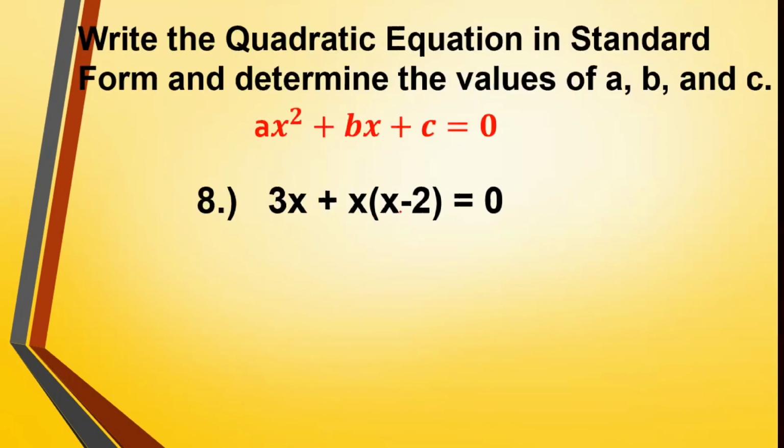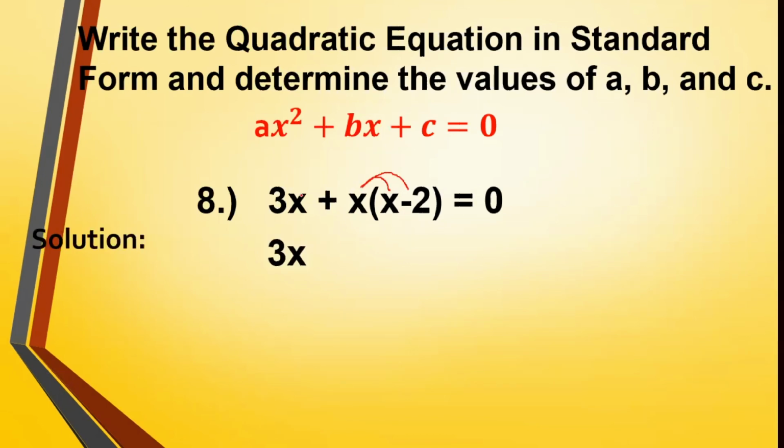x times x minus 2 equals 0. Is it quadratic or not? We don't know, sir. Why? Because it is not yet simplified. So we don't know yet because it is not simplified. That's right. So what we will do is simplify it first, or make it standard form.